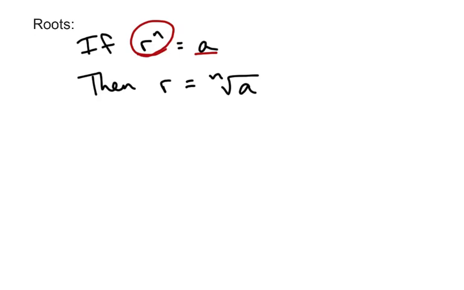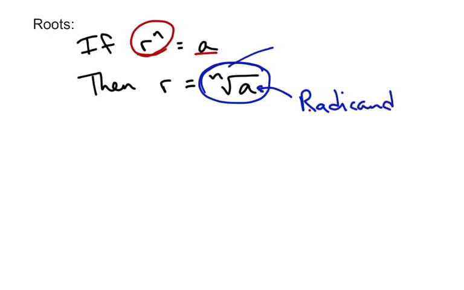Now, the inverse of that is going to be the root. This thing is called the nth root. Now, as a whole, it's also known as a radical, but it has two parts as well. The base of the radical is actually called the radicand, and the power of a radical isn't called the power; it's called the index.